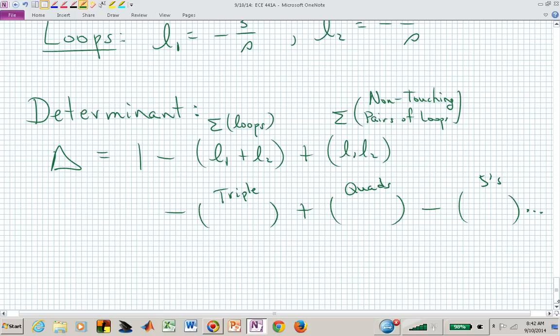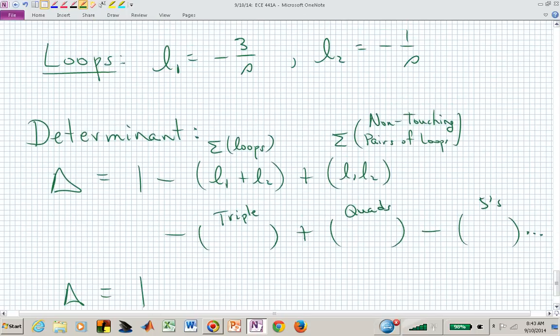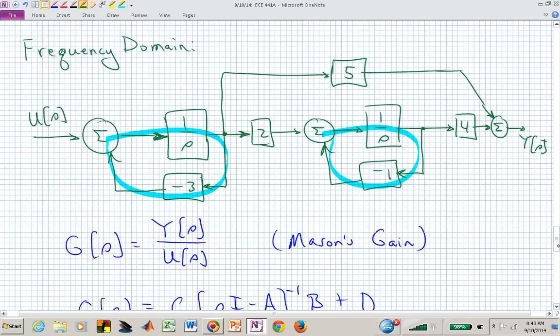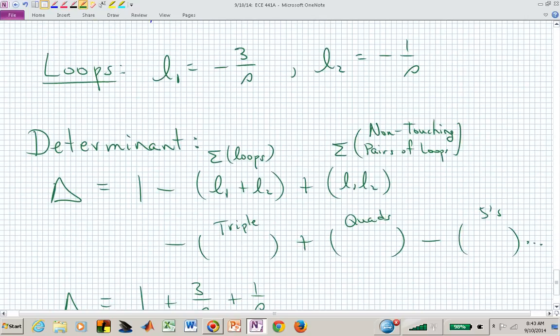So what's our determinant for this example? I'll do the hard part. 1. Now what do we do? We subtract the sum of the loops. Well, subtracting minus 3 over s gives me plus 3 over s. Subtracting minus 1 over s gives me 1 over s. And now, did I have non-touching loops? Yes, I had a pair of those, didn't I? And so I now have L1 times L2, which the 2 minus signs cancel.